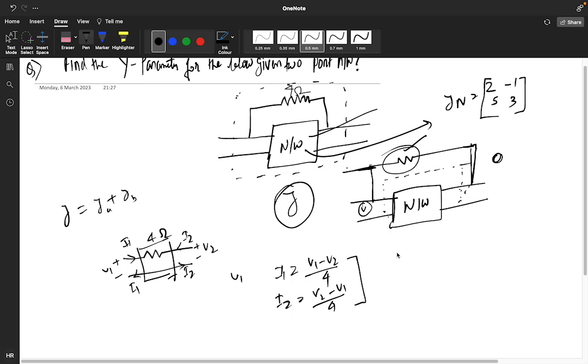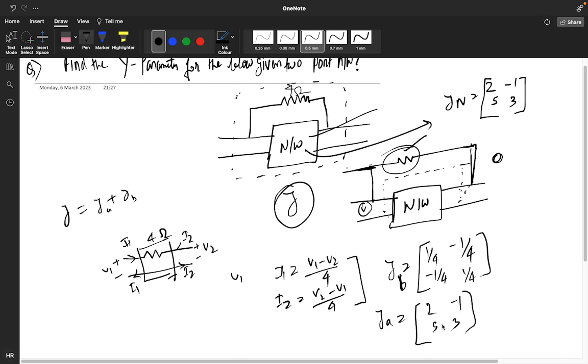So the Y parameter is 1 upon 4, minus 1 upon 4, minus 1 upon 4, 1 upon 4. This is your Y parameter b, and you know Ya, that is 2 minus 1, 5 3.